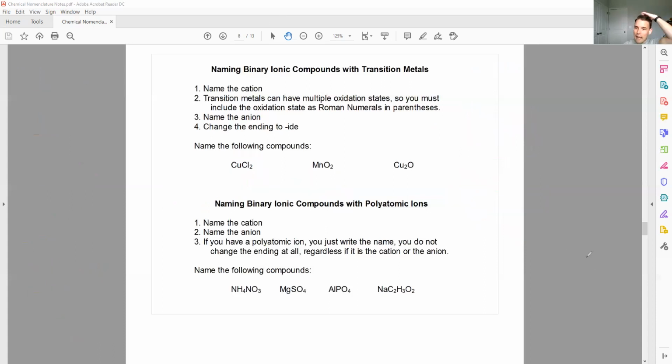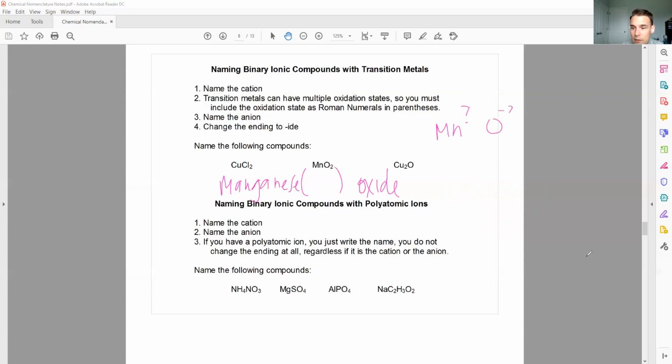Okay, next one, MnO2. Mn is manganese. Please be careful, it's not magnesium. Magnesium is Mg. Put my parentheses for where my Roman numeral is going to go. O becomes oxide. I'm going to work backwards. I do not know what the charge of the manganese is.